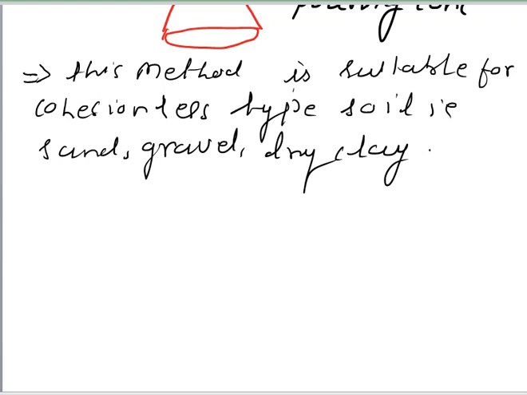This method can be applied on those soils to determine their unit weight.